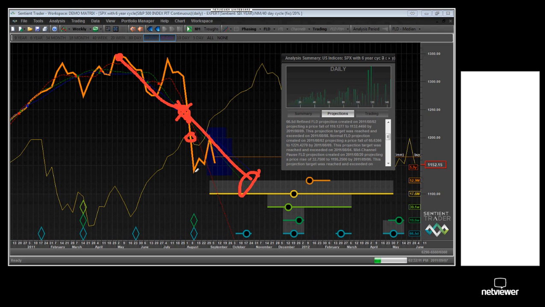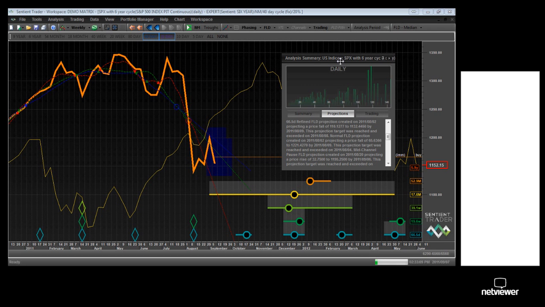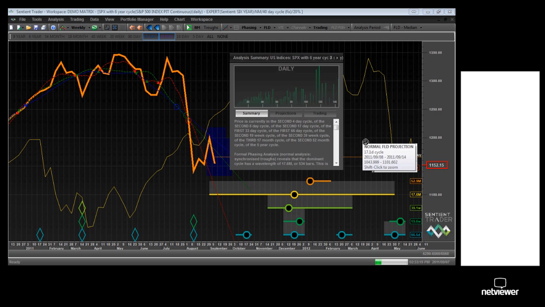By looking at these 2 lines, you can see that the FLD generated the projection at this point, whereas the refined FLD projection was a little bit earlier there. I shouldn't say better, because it isn't projecting as far down, but it generates a slightly different projection. Sentient Trader combines these projections in its work and does all of that.